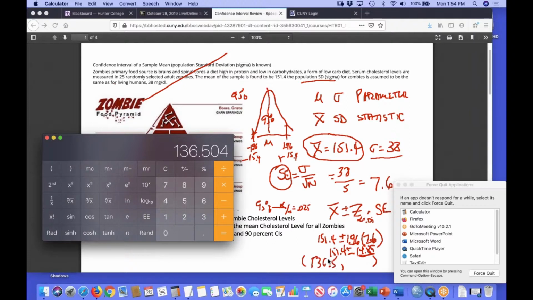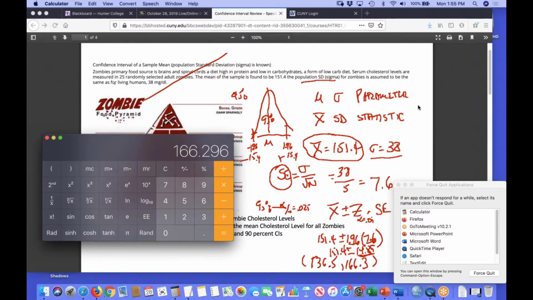Okay, now let's go back and get the upper range. 151.4 plus our margin of error is going to be 166.3. Okay, so that is our 95% confidence interval.